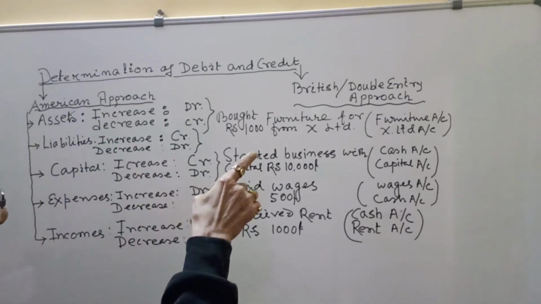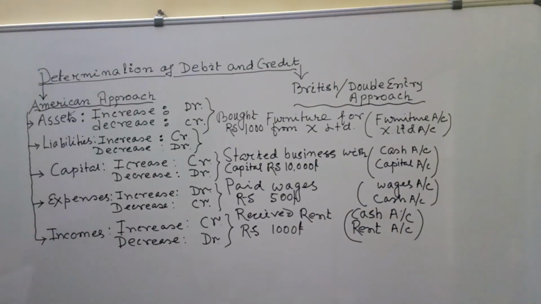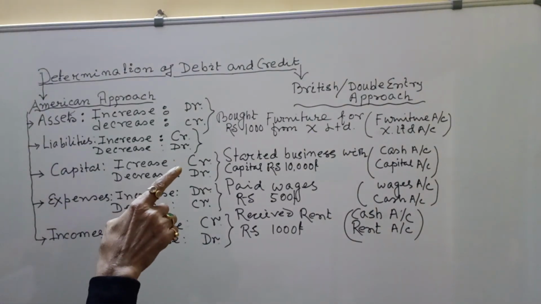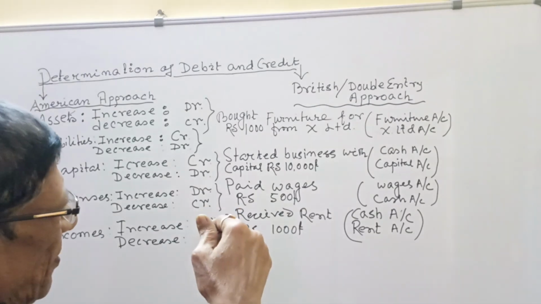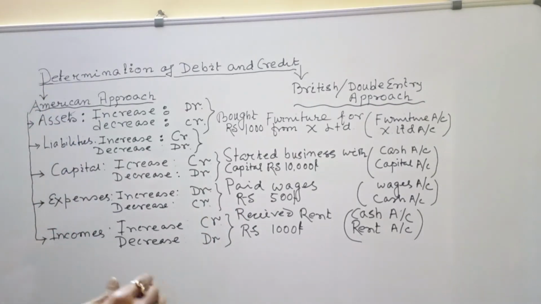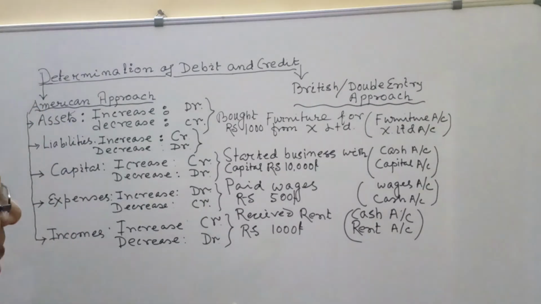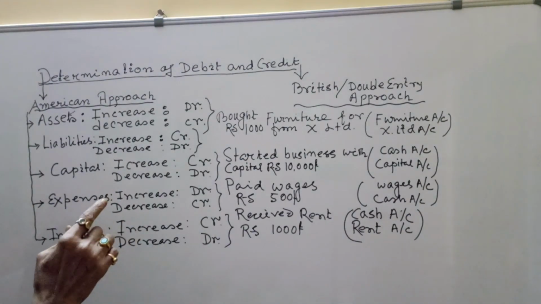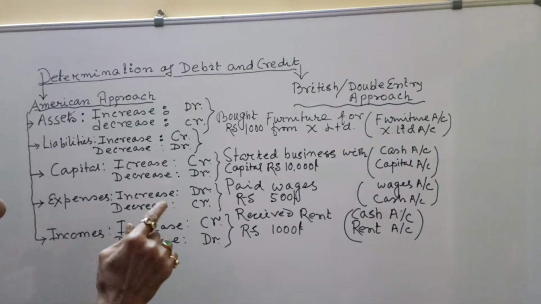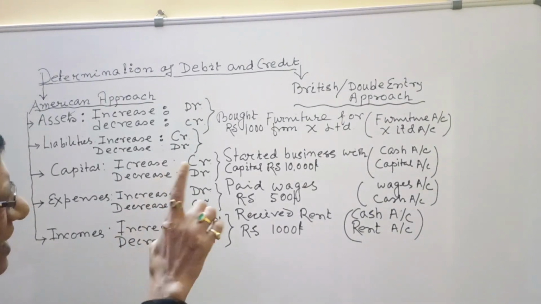Now the next account is X Limited. We understand that X Limited is actually the supplier to whom we have to pay the money, meaning we are liable to pay the amount of the furniture which has been bought on credit to X Limited.